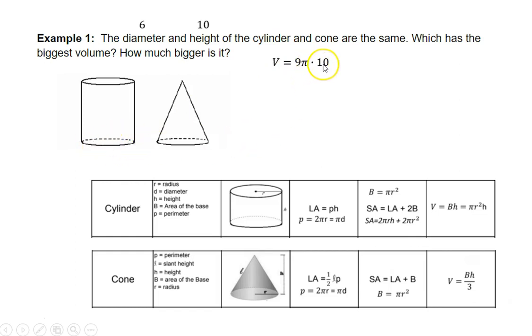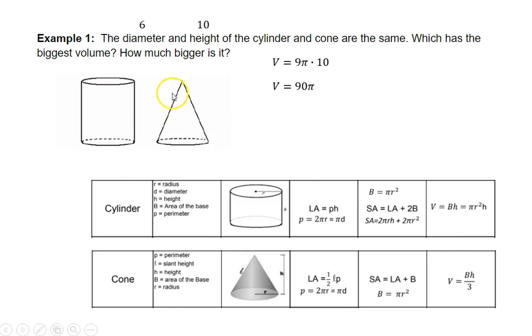Then I'm going to multiply that by 10 because that's the height of the cylinder. So the volume of the cylinder is going to be 90 times pi, and I'm going to leave it as 90 pi. I'm not going to change pi to 3.14. This is an exact value. It's actually the best answer to have, and it doesn't deal with any decimals. That's the volume of the cylinder.